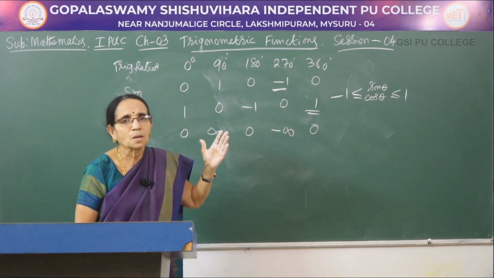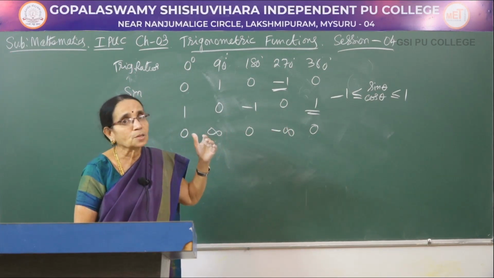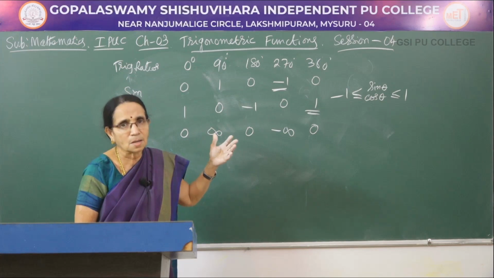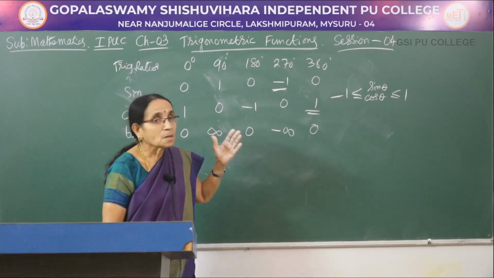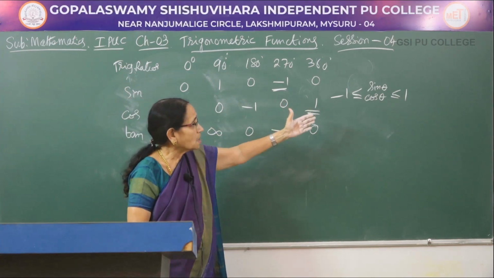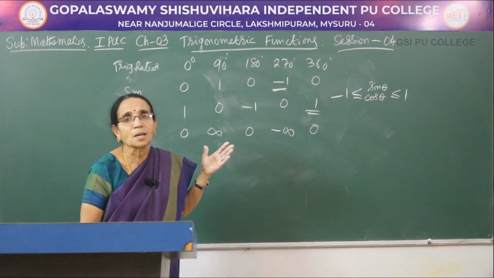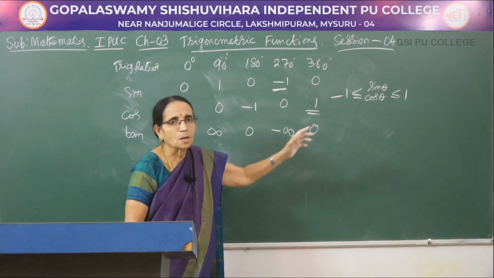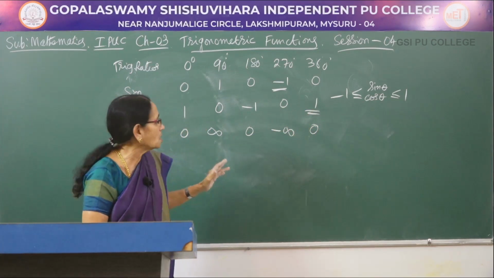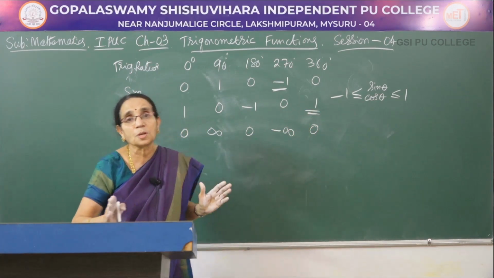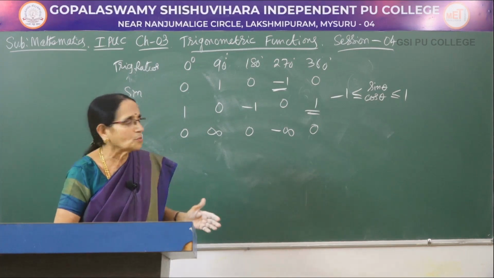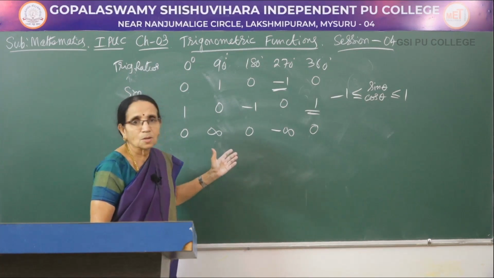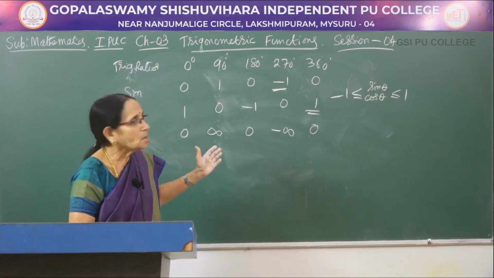I hope you remember the range and the domain of a function which I taught in the earlier chapter. See, the domain for theta, for all of them, is the set of real numbers, whereas the range is between -1 and +1 for sin theta and cos theta. For tan theta, it is a huge range, -infinity to +infinity. So, I can say the domain is also R, the range is also equal to R.